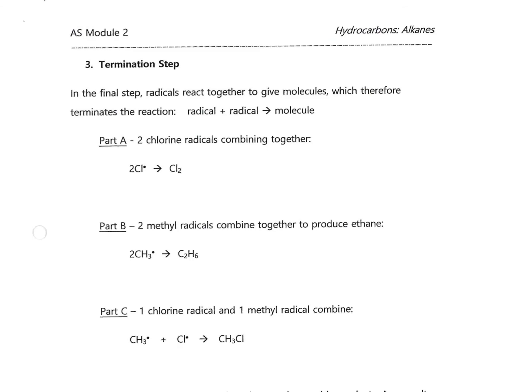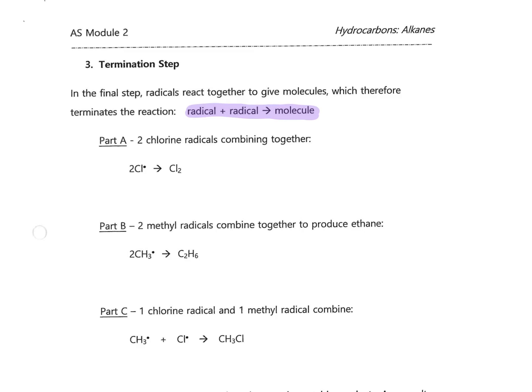So the only way to get these reactions to stop is by two radicals reacting together to form a molecule. If you think about it, if you had two radicals reacting together, then their unpaired electrons would come together and form a covalent bond, and that would lead to a stable molecule. So the products of these termination steps are stable, and they ultimately stop the reaction.